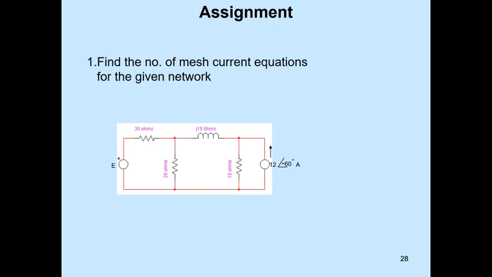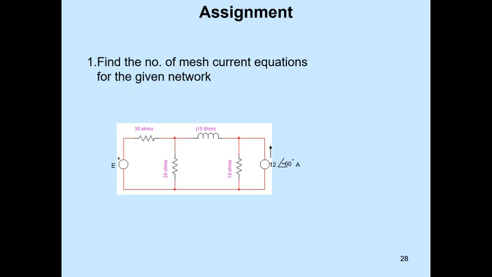So take the assignment. Here I have drawn a circuit. From that, write the number of mesh equations. I am just explaining that, you do that. And in this, how many branches are there? 1, 2, 3, 4, 5 branches are there.